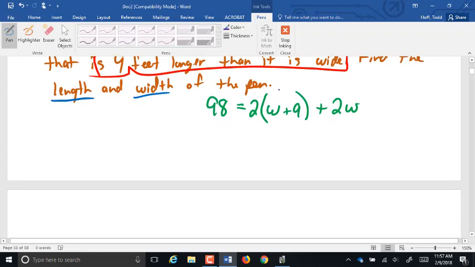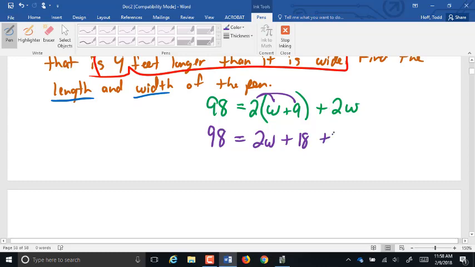So again, we have to simplify or combine anything that we can on each side. Well, there's nothing to do on the left side here. That's going to stay 98. On the right side, there's actually a couple of things we can do. 2 times W plus 9. We'll do 2 times the W is 2W. 2 times 9 is 18.